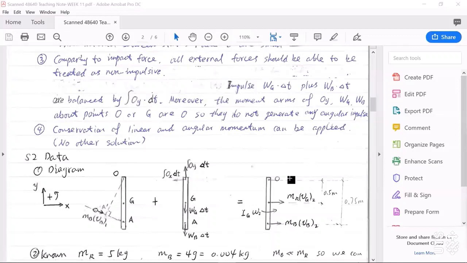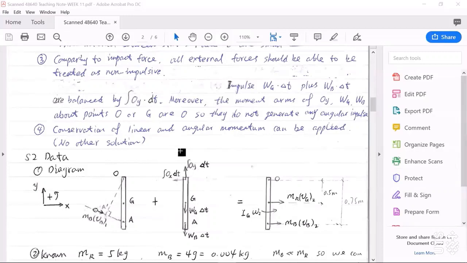Immediately after the impact, this slant rod gets a velocity, and here is the bullet. Its velocity will be the same as the velocity of the slant rod because this bullet is embedded into the rod. The slant rod gets an angular velocity omega 2.